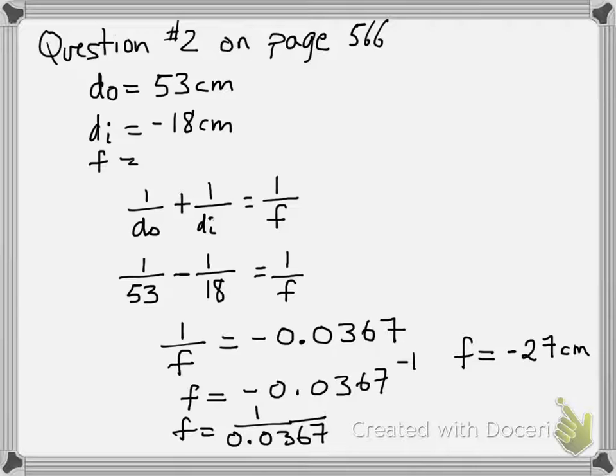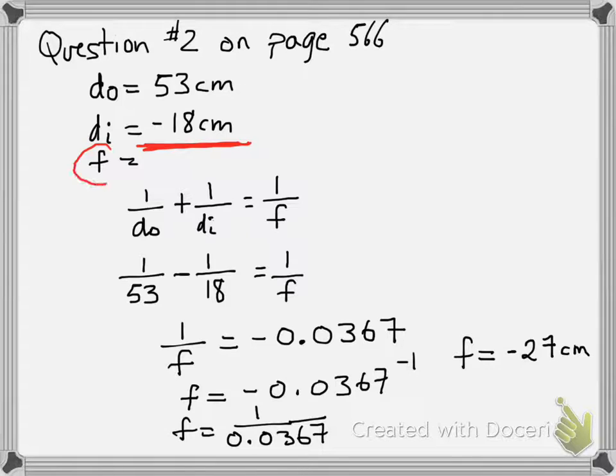Then we know that our di needs to be negative 18 centimeters, because it's going to end up being a virtual image, right? The question says an upright virtual image of the pencil is observed 18 centimeters from the lens. So that's negative 18.